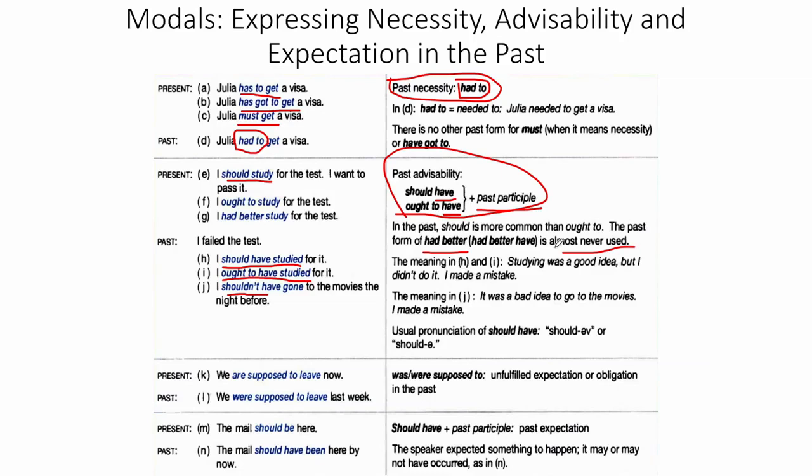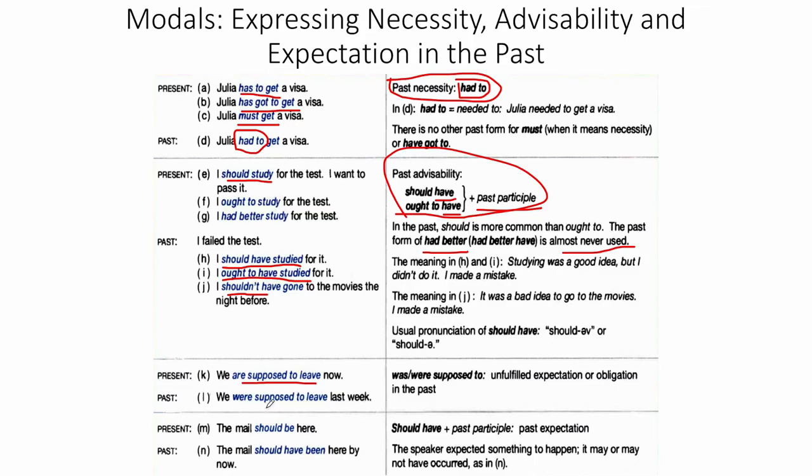Finally, we move to talk about expectations in the past. If you remember, we said that we can use the modal be supposed to for expressing expectation. We are supposed to leave now.